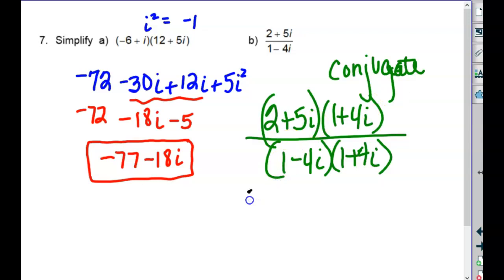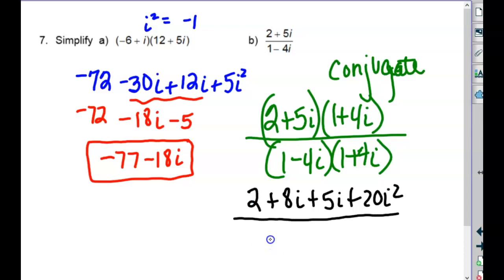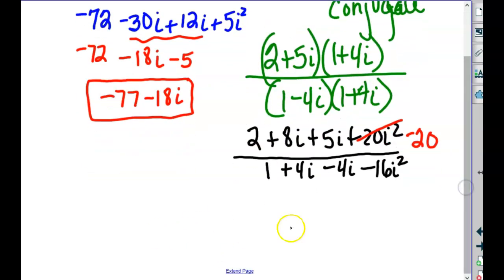So the top, when we FOIL it together, is 2 plus 8i plus 5i plus 20i squared. The bottom is 1 plus 4i minus 4i minus 16i squared. So what does plus 20i squared become? Plus that 2 out front would make it -18 plus 13i.